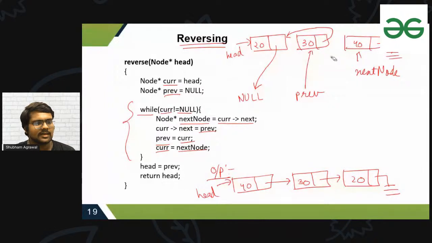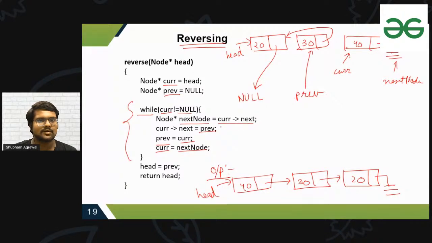Again the while loop will run, as current is not equal to null. The next node will point to this null, and current of next will point to the previous node.